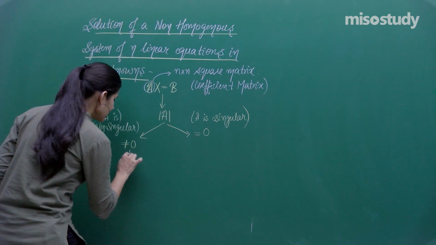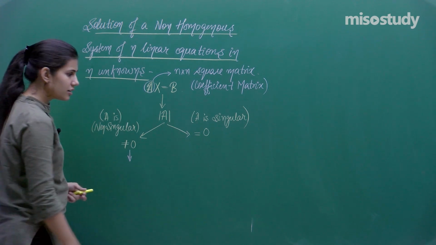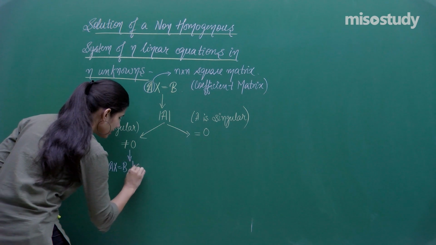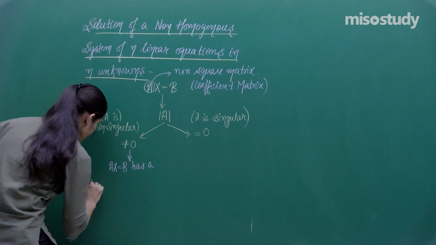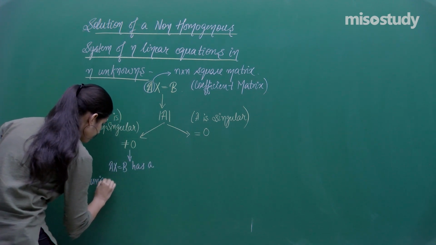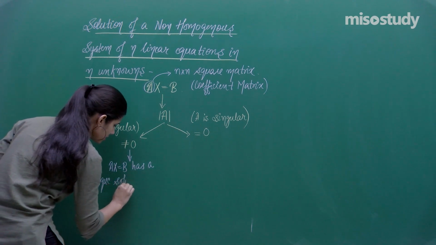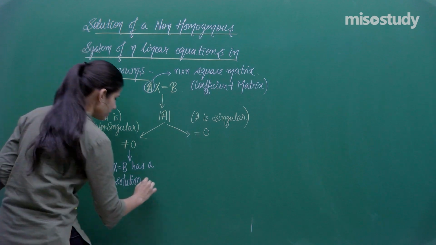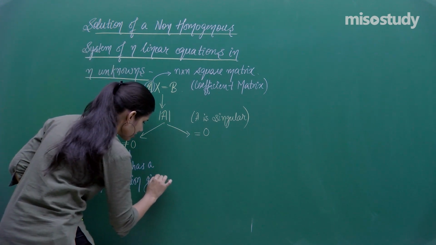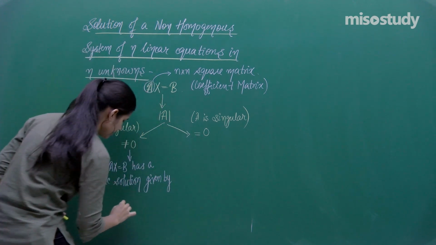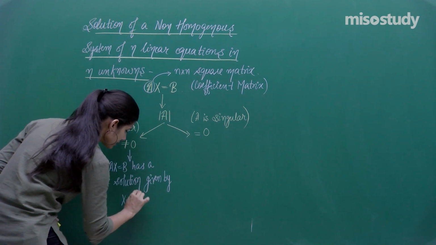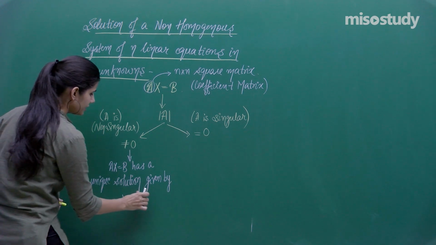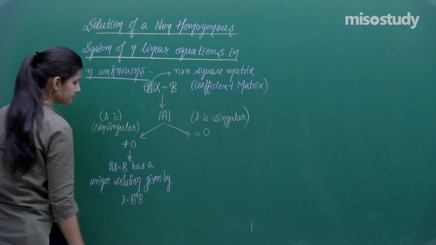The moment you are getting that A is non-singular, that means Ax equals B has a unique solution, given by capital X equals A inverse B, because in this case inverse definitely exists.